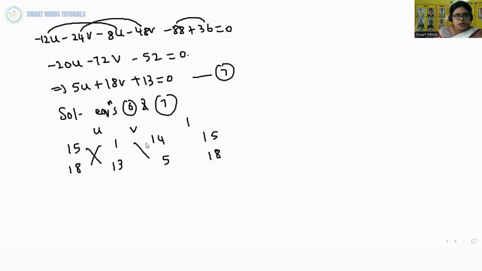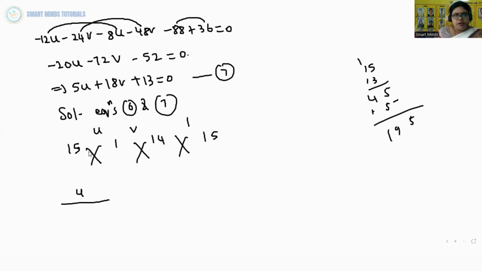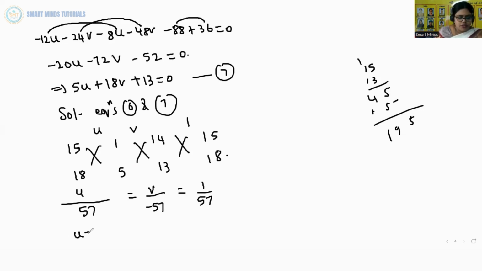I'm mistaken here, there is a term missing in the seventh equation. So we write first 18 and then 5, 13 and 18. Now if you cross multiply, you will get u by 57 is equal to v by minus 57 is equal to 1 by 57. So you get u is equal to 1, v is equal to minus 1.